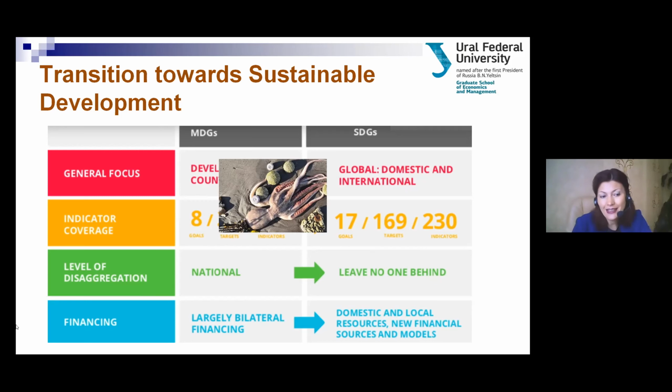And the important part is the financial background, because when we were only talking about and considering the Millennium Development Goals, it was largely bilateral financing. So it was not a very financially effective model.